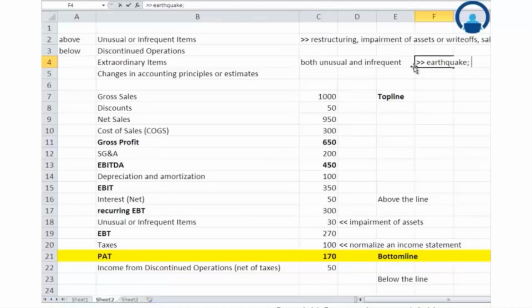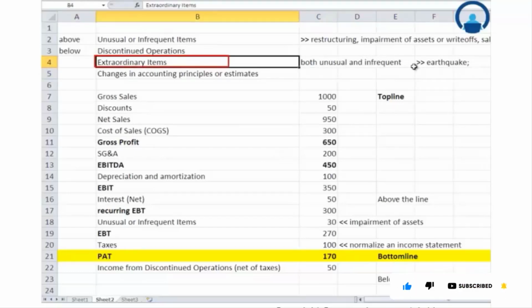Maybe another example can be the seizing of assets by a foreign government. You have assets across multiple countries, and in one of the countries your assets get seized. Any losses associated with the seizure of assets by the foreign government can also be classified as unusual and infrequent. So those are called extraordinary items.